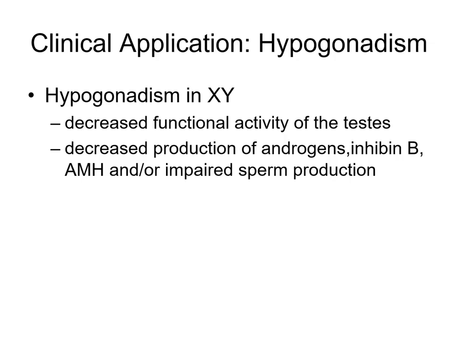Hypo means under or below, or essentially an underperforming structure. So in this case, hypogonadism really means a decreased functional activity of the testes. And when the testes are not functioning, certainly that also correlates with a decreased production of androgens like testosterone, inhibin B, AMH, and it can also affect sperm production.